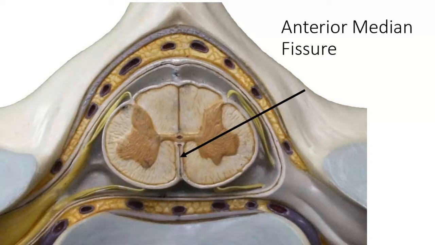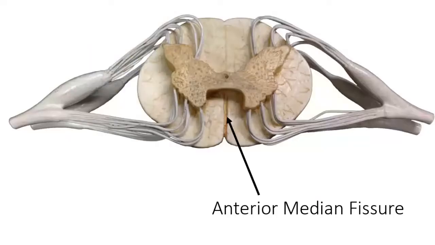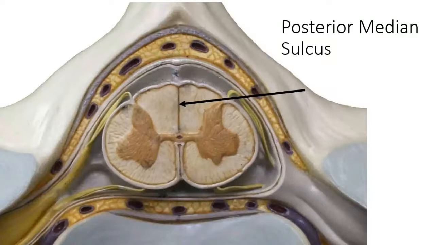We can see it over here too, anterior median fissure. So that's on the anterior or ventral portion of the spinal cord. Now we go to the back portion, and you can see here we have our posterior median sulcus.